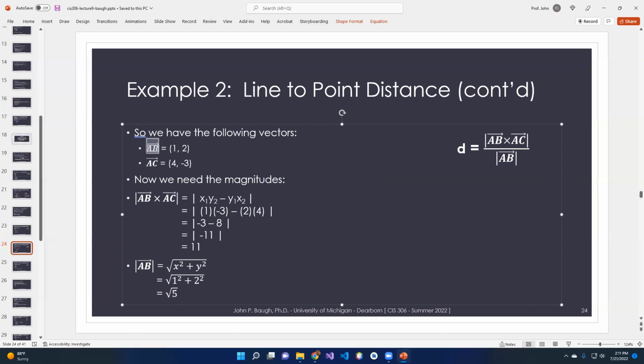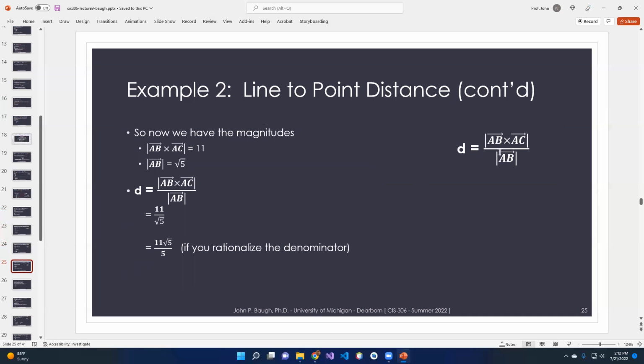And then we used the formula for magnitude of the cross product. So x1 y2 minus y1 x2, and we discovered this is in fact 11. And then of course you just combine them because we have the two parts of this formula. So you get 11 over √5, and then if you rationalize the denominator, you get 11√5 over 5.